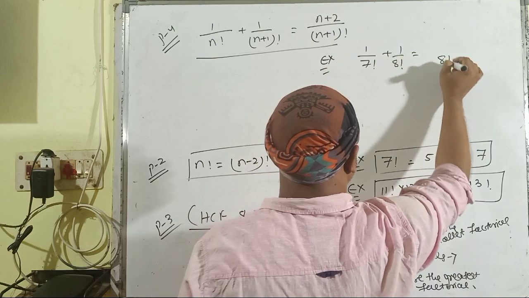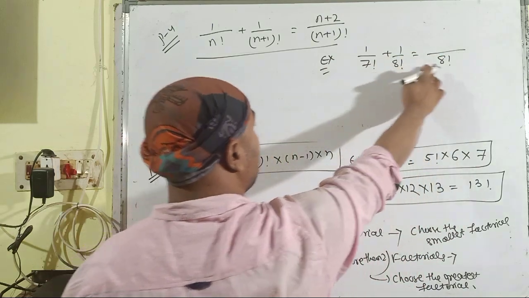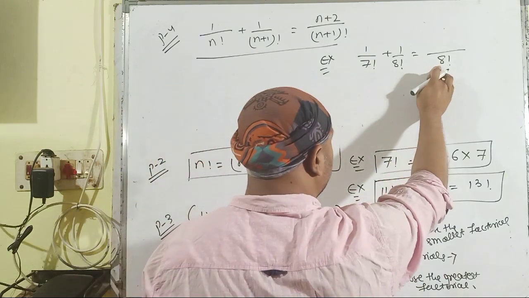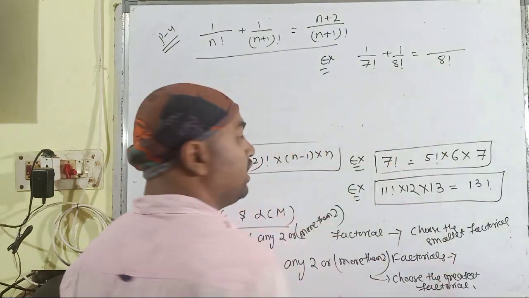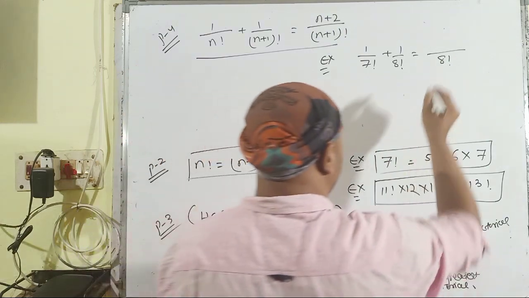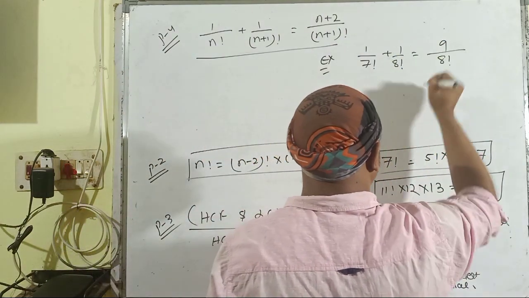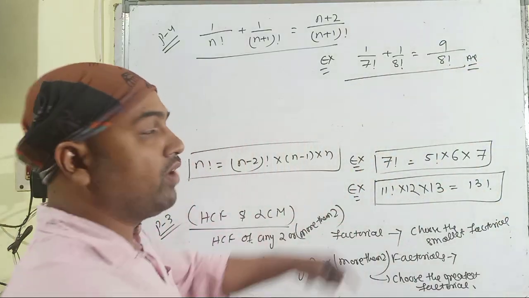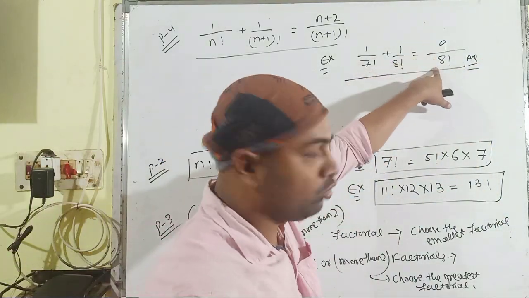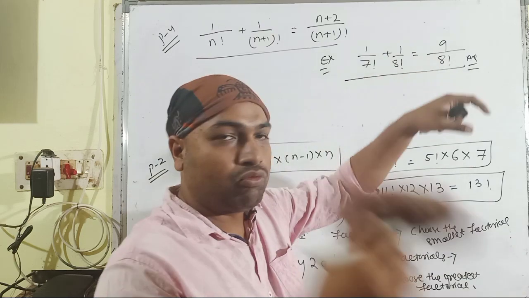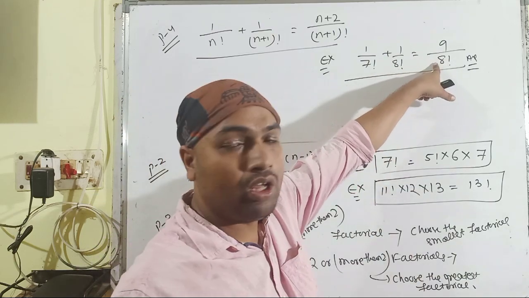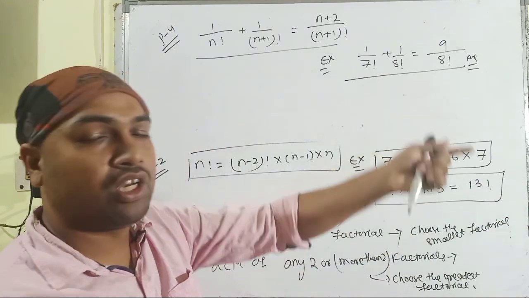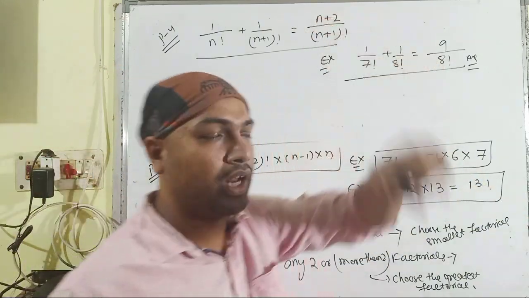First of all let us find out the greatest factorial and put it into the denominator, then find out the number, the number is here 8, then we have to add 1 with 8, then it is 9, and that is the answer.